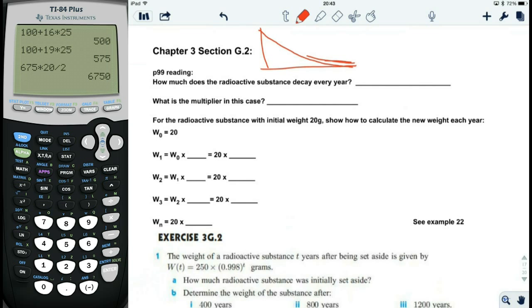Well, they say that the radioactive substance decays every year by 5%. Now, if you have like 100 and it reduces by 5%, then you subtract 5 and then you get 95, right?